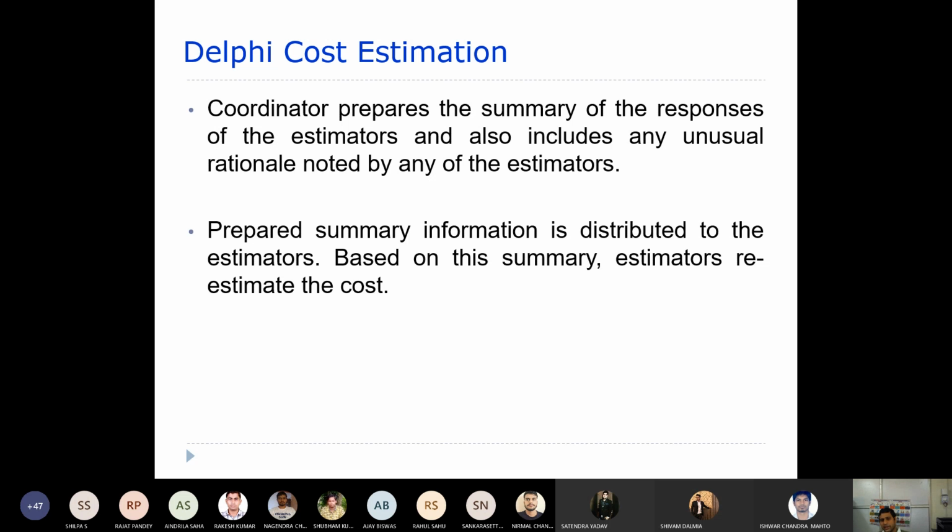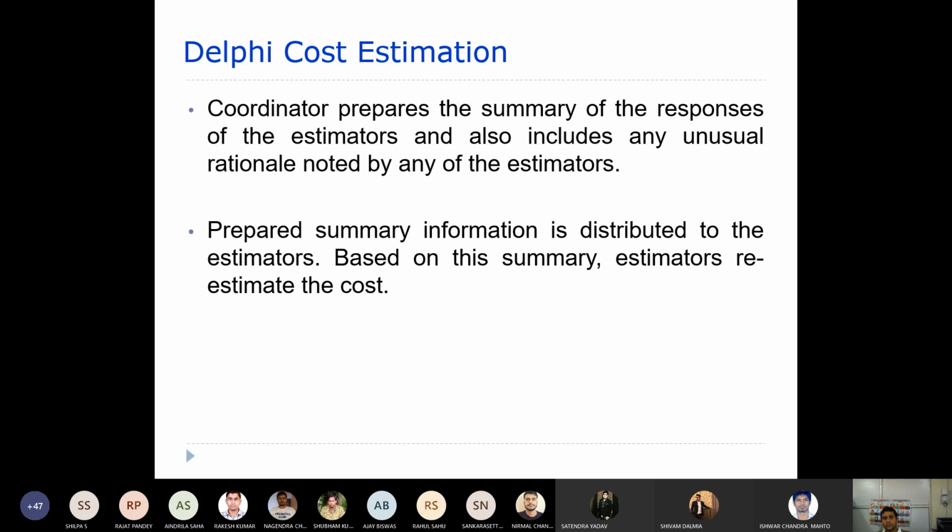Now this summary is again distributed to the estimators, and once again the estimators will re-estimate the cost and submit it, right? But here you can see these estimators are not allowed to talk to each other. They will be carrying out their own estimations.